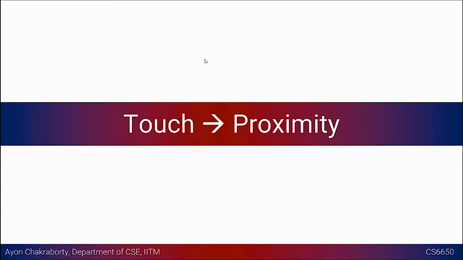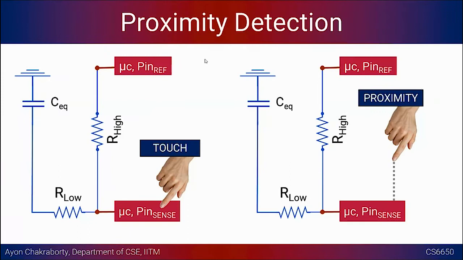So we are going from touch towards proximity for the time being. In touch, as I said, you have to physically touch the sensing pin, and in case of proximity, you can just keep your hand near the electrode. What is the distance of your hand to the electrode, and what kind of capacitance can that object or your hand in close proximity to the electrode bring?